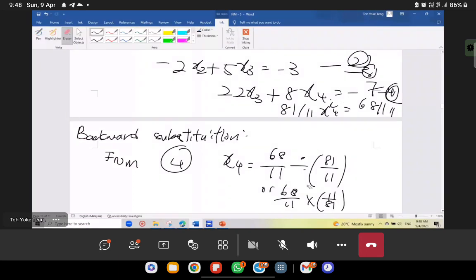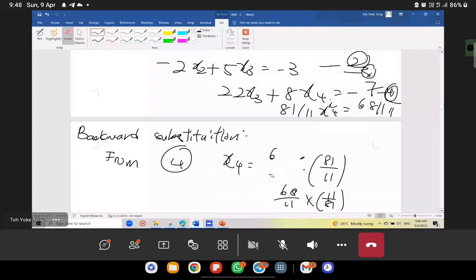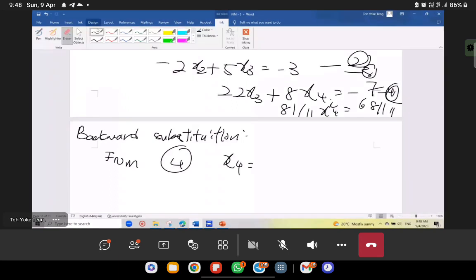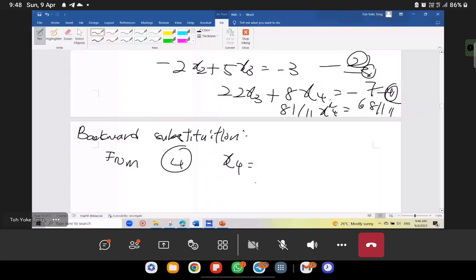Both are acceptable. So the left hand side moves to the right hand side as division, so you will get 68 over 81. Have a try on your own.